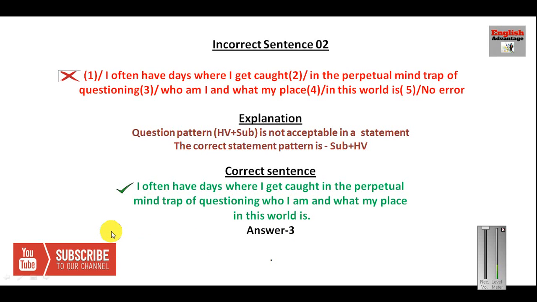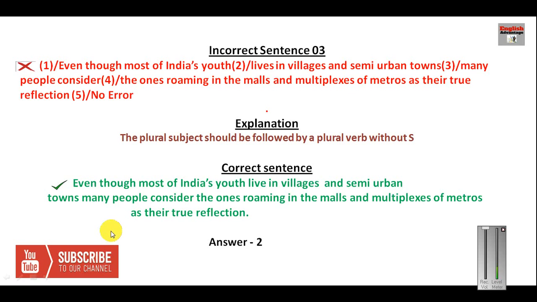Now let us see the next sentence. Even though most of India's youth lives in villages and semi-urban towns, many people consider the ones roaming in the malls and multiplexes of metros as their true reflection. Let us carefully examine each and every part. Even though most of India's youth, there are so many young people in India.